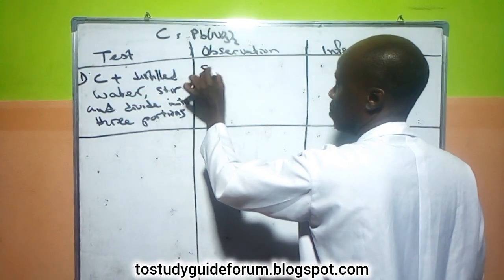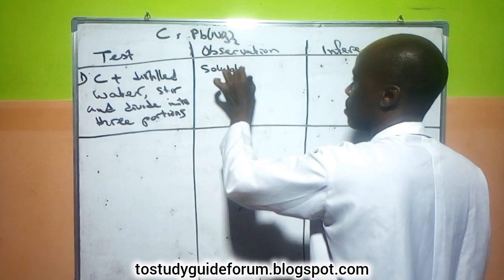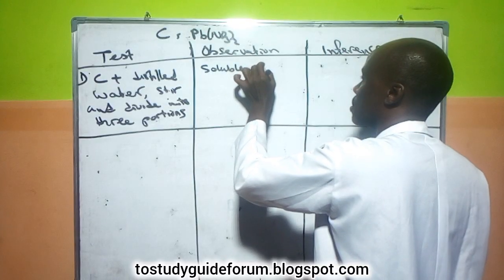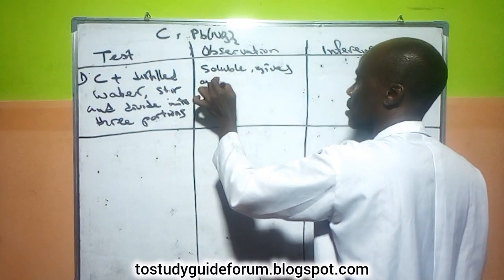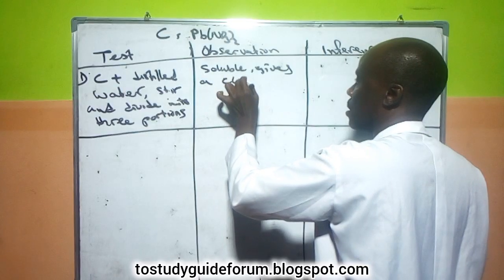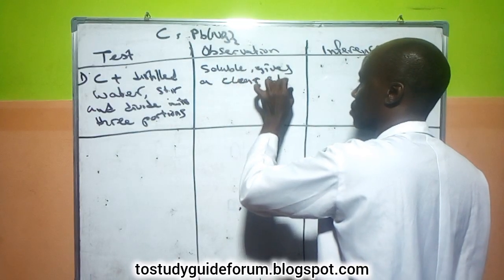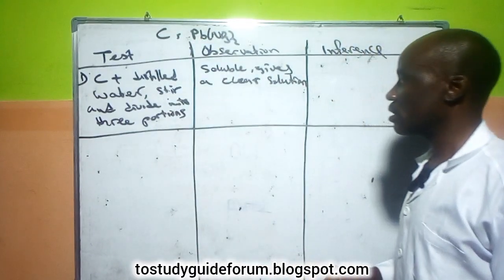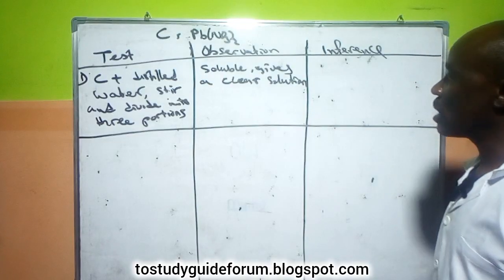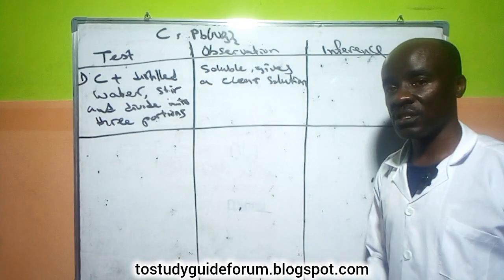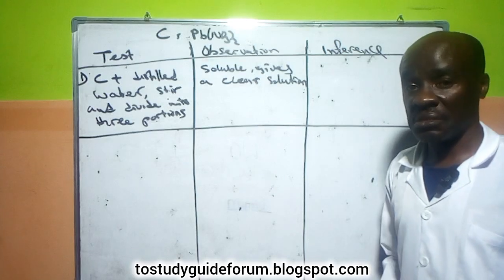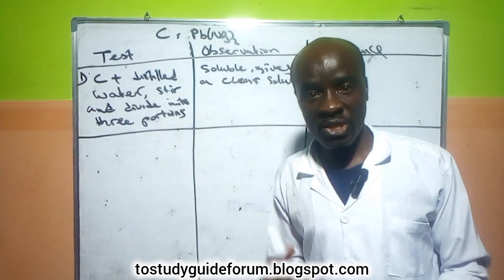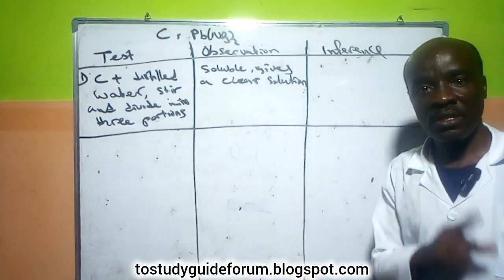Soluble, giving a clear solution. One thing about having a clear solution is that it means transition ions are not present, because most transition ions always give you color, because of the presence of the d-block.